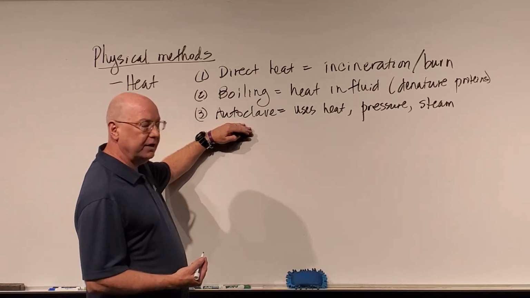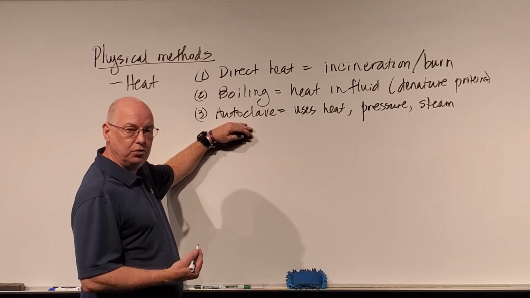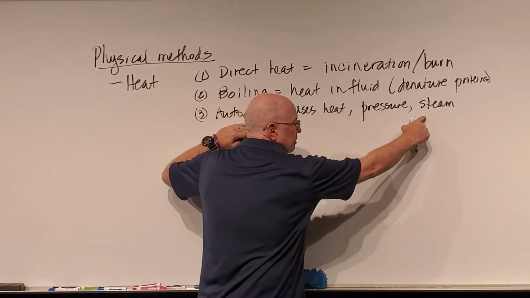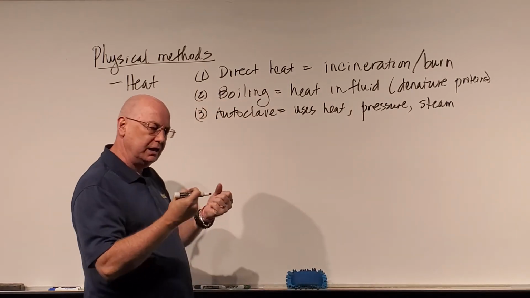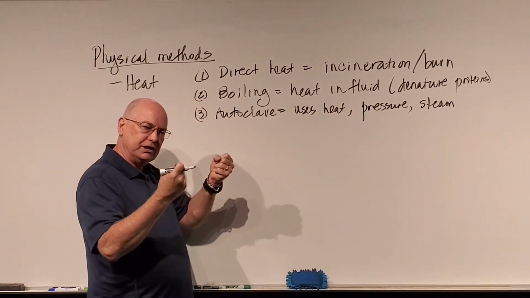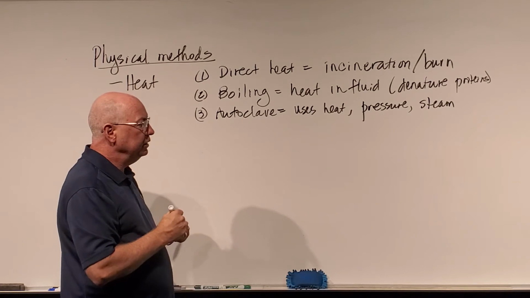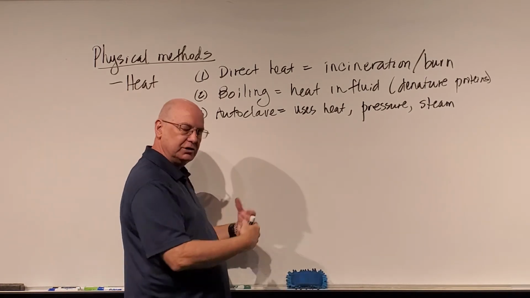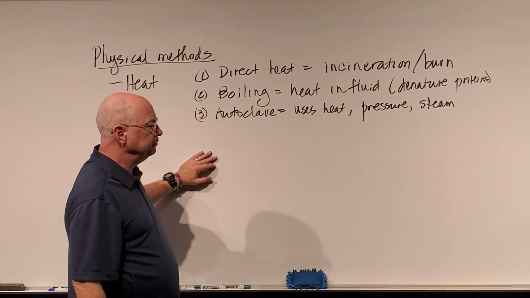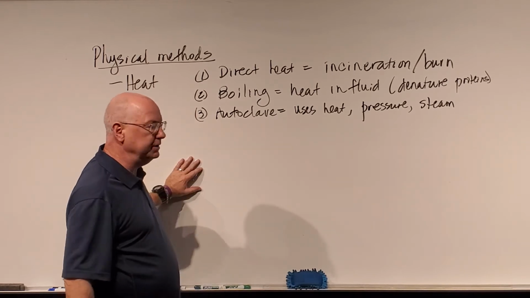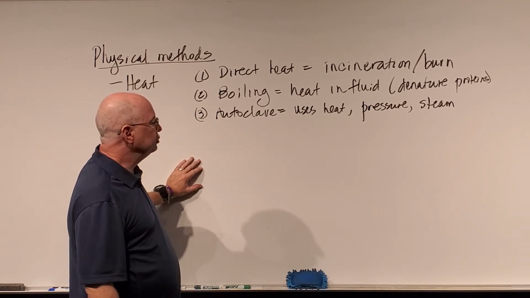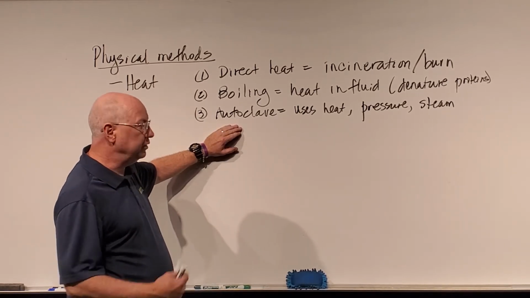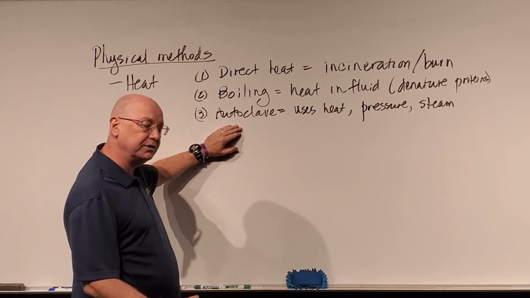So I don't necessarily have to heat things so high in order to kill them. And the steam can penetrate nooks and crannies. And as you know, moisture absorbs heat and carries heat very well. So the steam entering all these little nooks and crannies can also carry the heat in. And the pressure helps force the steam and the heat into the substance. So I can use an autoclave under pressure with steam at higher temperatures.